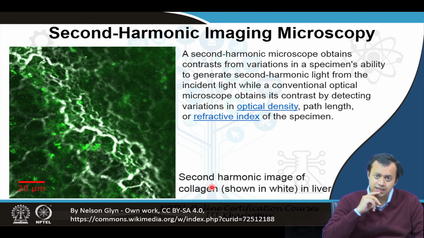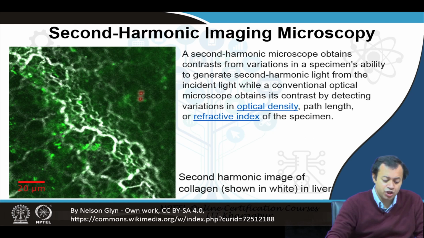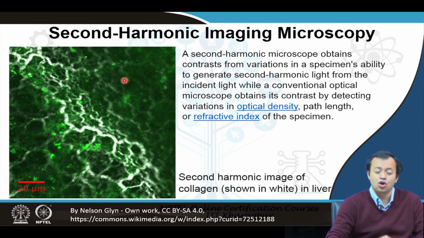sufficient light filters, which can only filter out the 2 omega part in a plethora of tissues, say for example, this is looking at the collagen distribution in liver, the rest of the areas are not non-centrosymmetric, they are centrosymmetric, or they are not producing the nonlinear effect, thereby they will not emit 2 omega when they are subjected to omega plus omega.